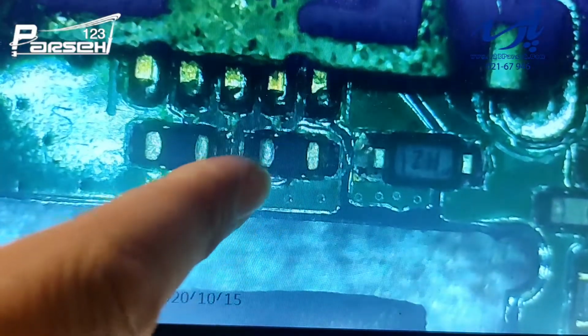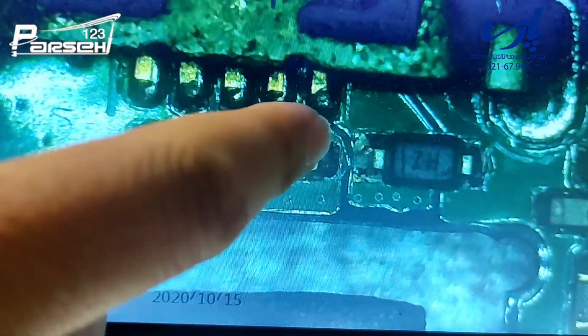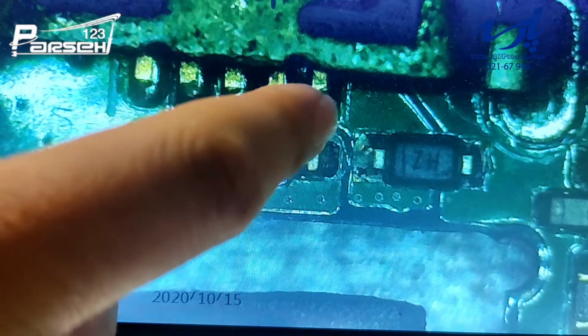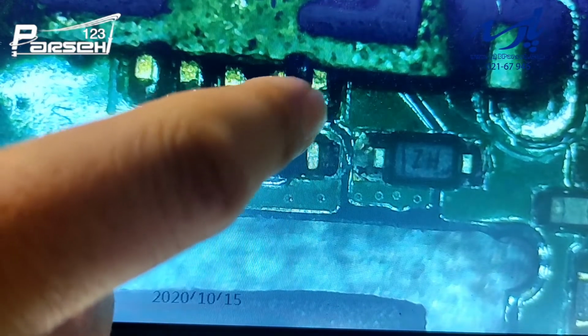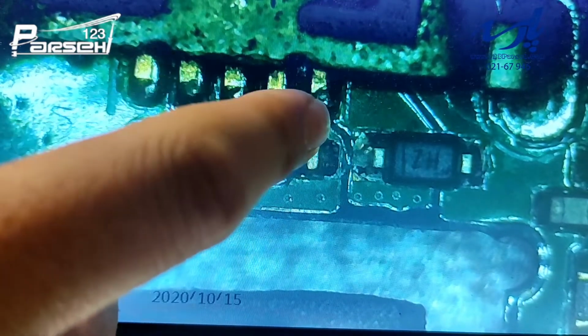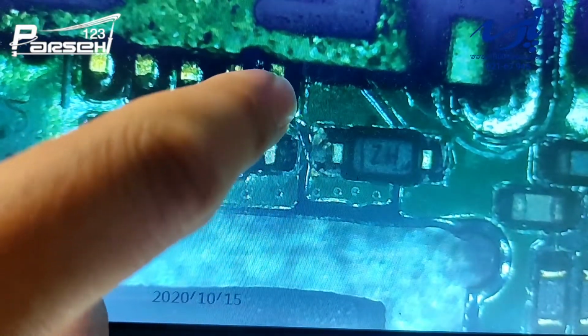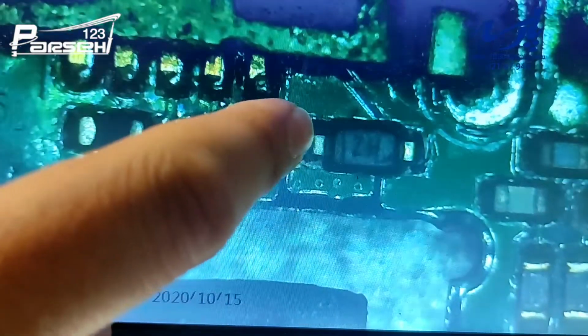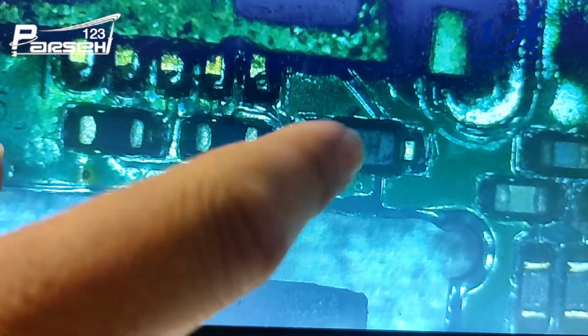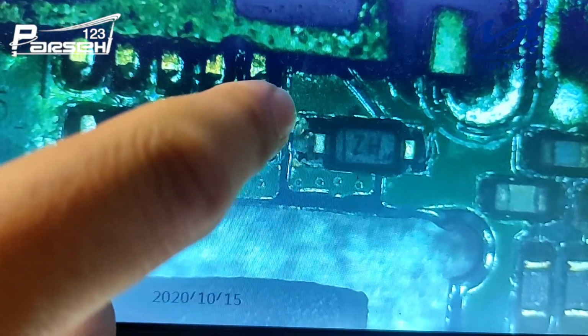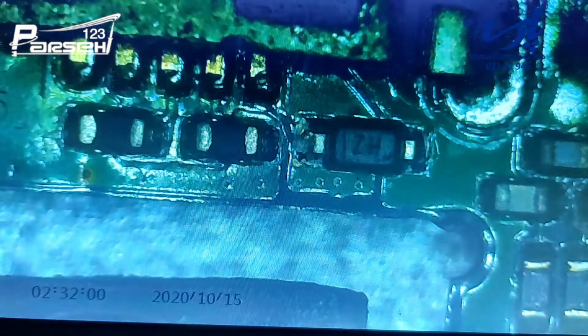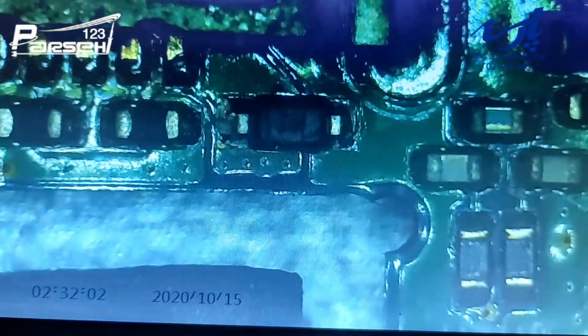If you put your phone in charge, this pin, the positive one, must have 5 volts. If you keep tracking this, the other parts that are connected to this pin must have the same voltage. How to track them?